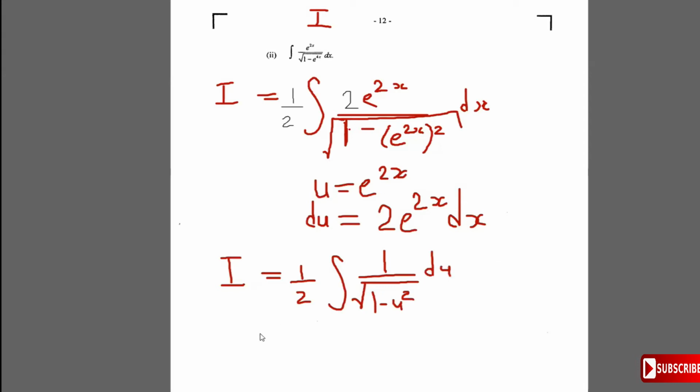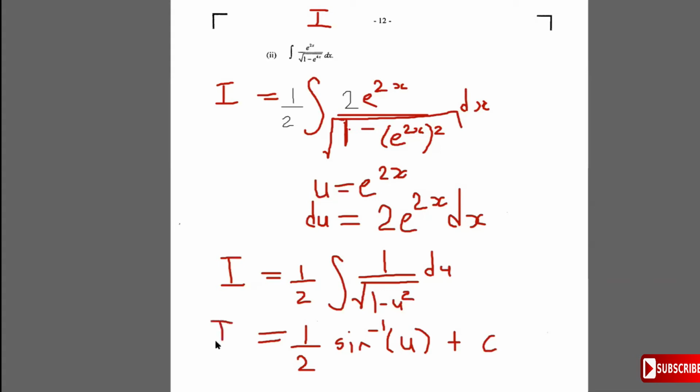And so when you're integrating 1 over the square root of 1 minus u squared, that's just sine inverse. So I is now a half sine inverse of u plus some constant c. That's how we attempt this question.